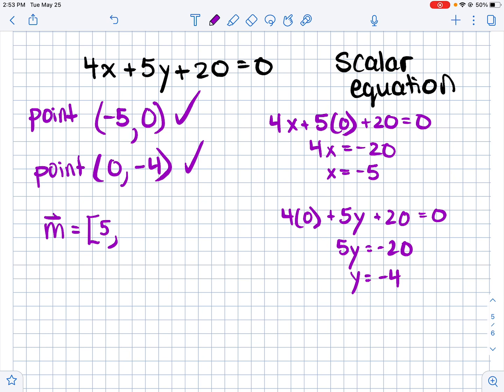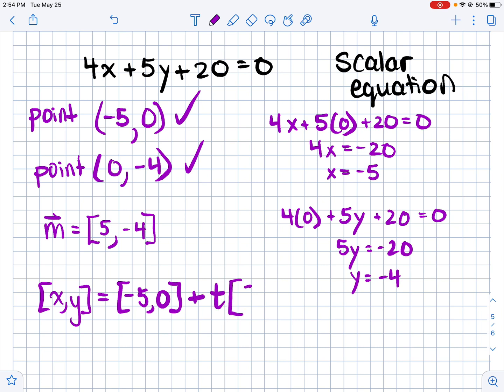Negative 4 minus 0 would be negative 4. Okay, so now I have a direction vector and a point, so I can write a vector equation. (x, y) equals, I pick one of my points, it doesn't matter which one, (-5, 0), plus a parameter t times my direction vector, (5, -4).